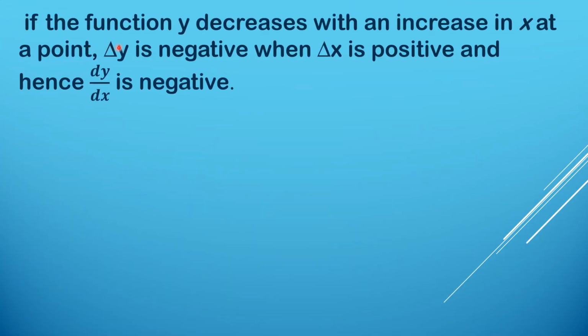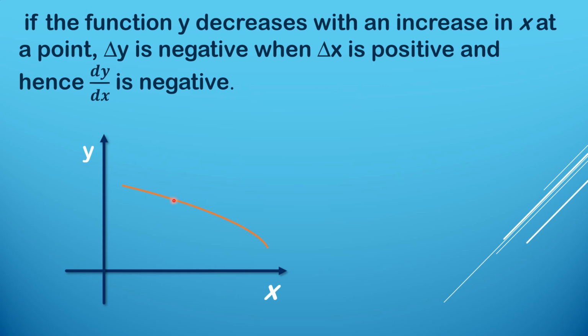If the function y decreases with an increase in x at a point, then delta y is negative and delta x is positive, and hence dy by dx is negative. So here our y is not increasing with increasing x; the y is decreasing with increasing x. For this type of slope, the difference between two particular points on the y-axis is delta y, and on the x-axis it is delta x.